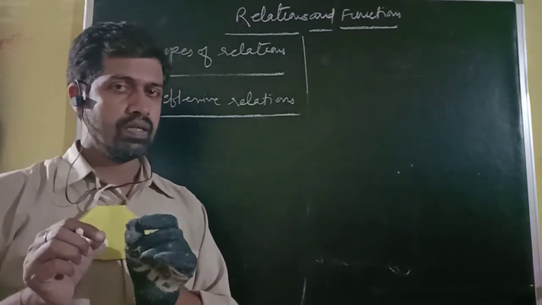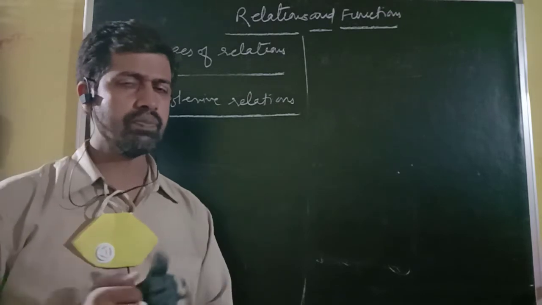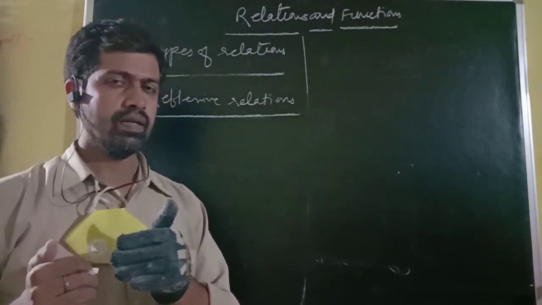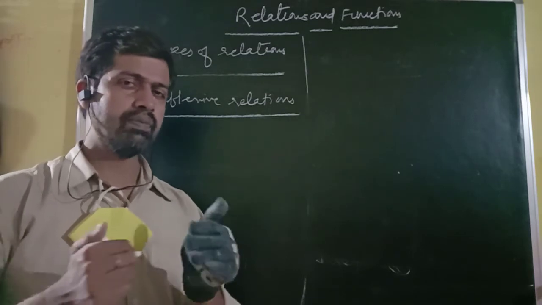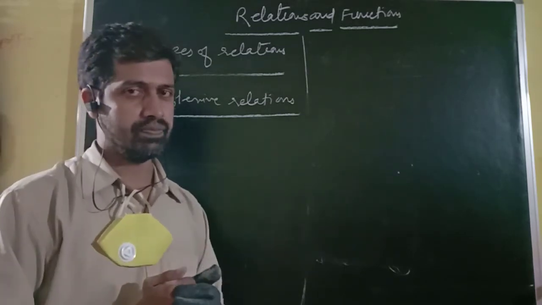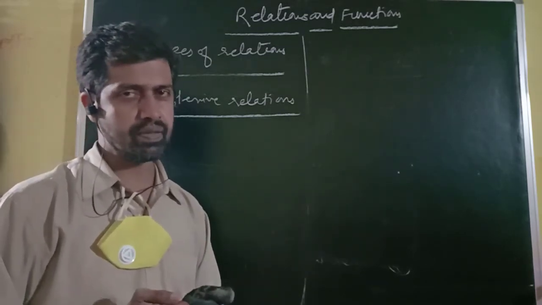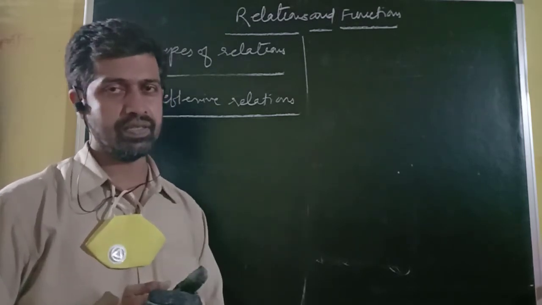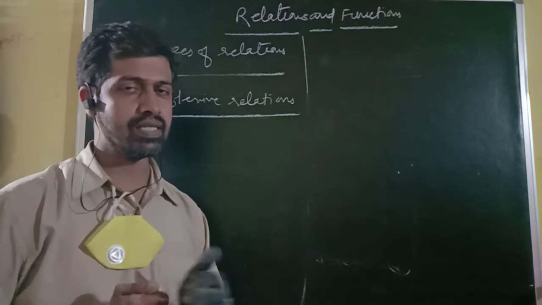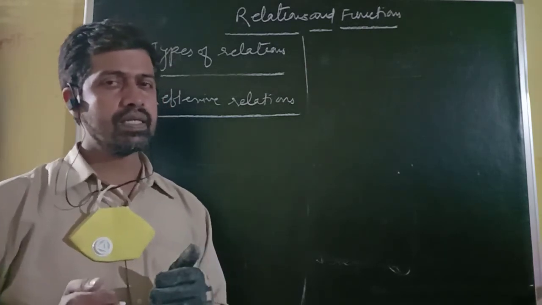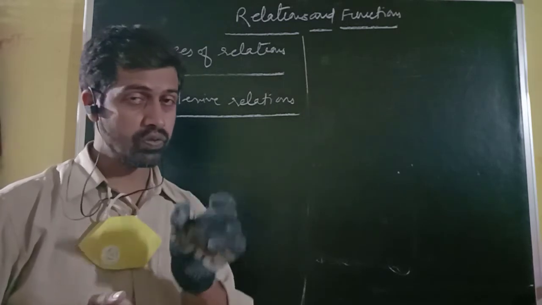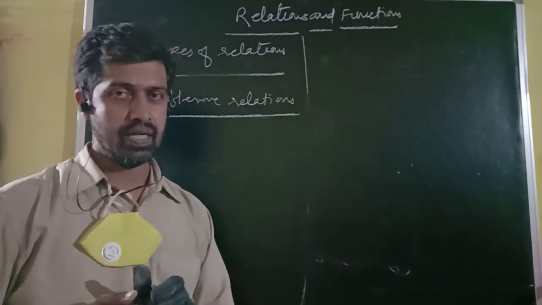Take an example: every element is equal to itself. So here equality is a reflexive relation. Likewise, every triangle is congruent to itself. So here congruency is reflexive.